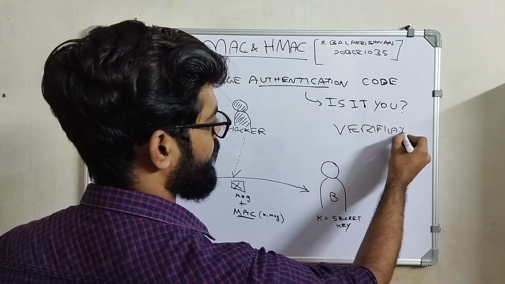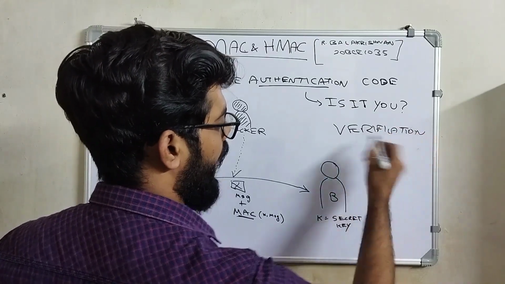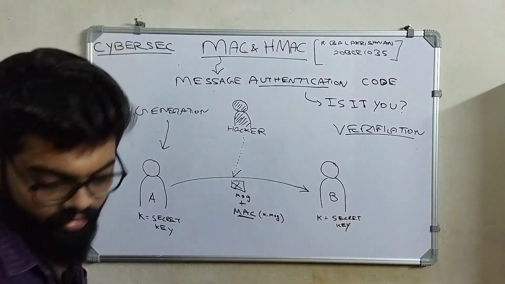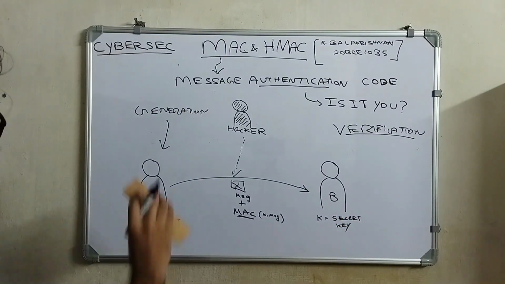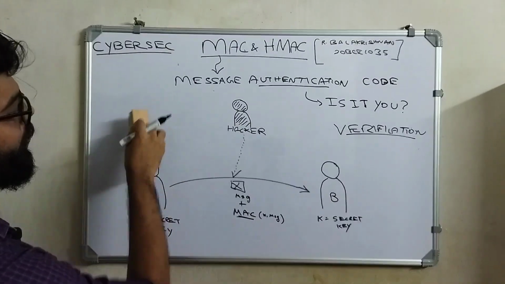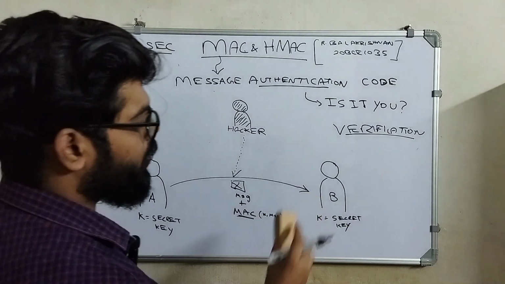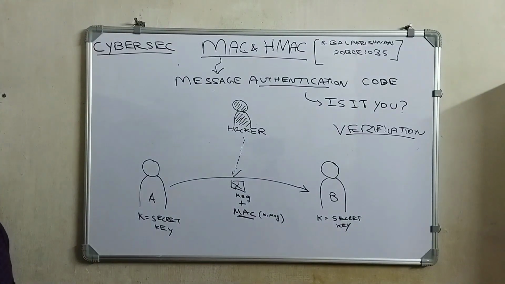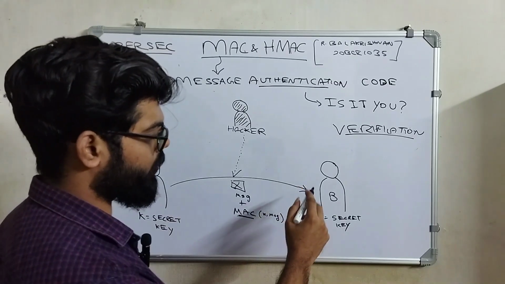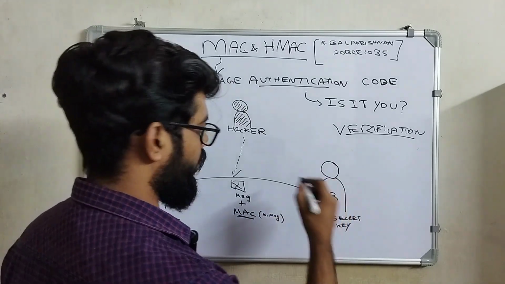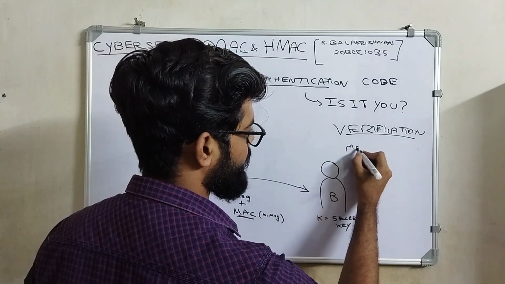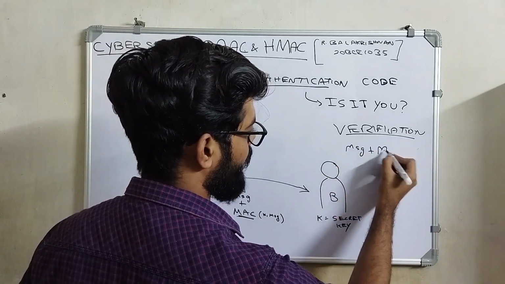Verification happens at B's end, because it is the receiver of the message. B receives the message plus the MAC value.